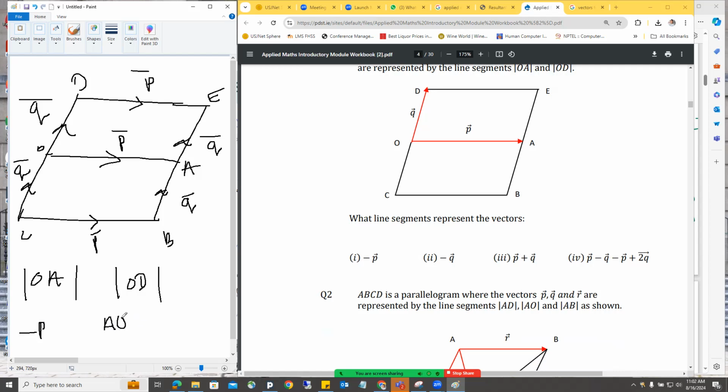For the OA line segment we have the vector P. Then if it is minus P, then we have AO, right?